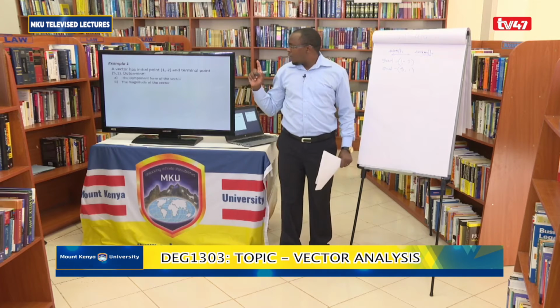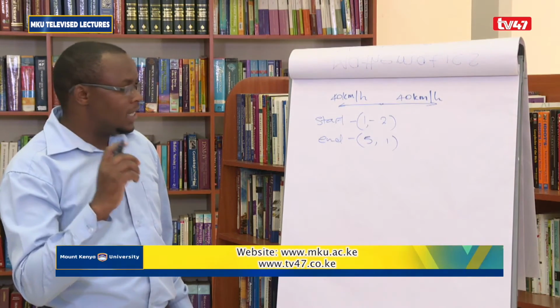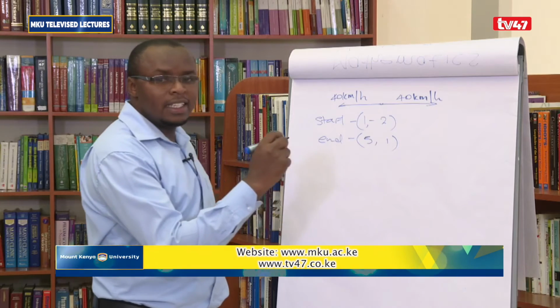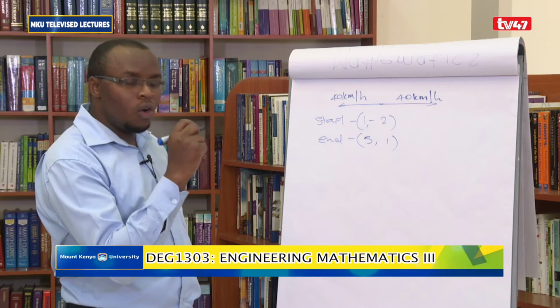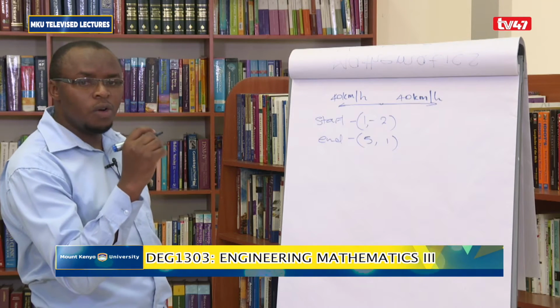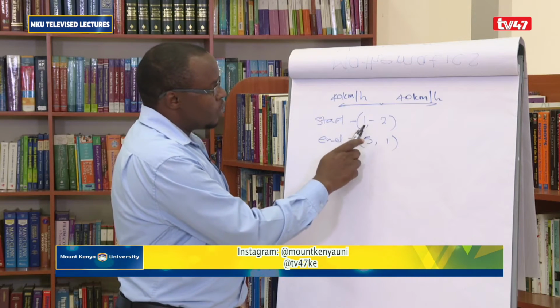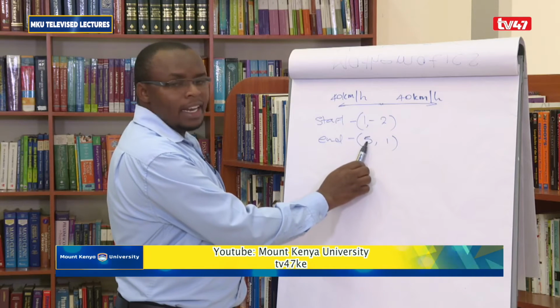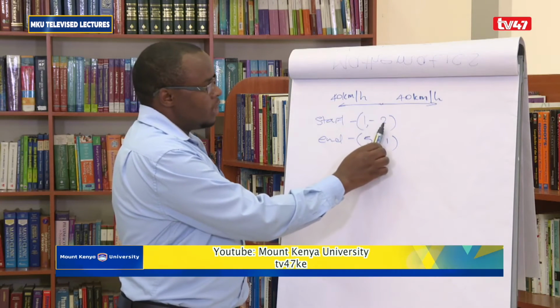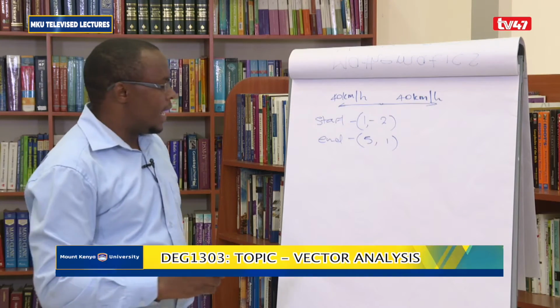What we want to get is the components of the vector, which, as I said, you show using angle brackets. You subtract the x or i coordinates, put a comma, and then get the difference of the j coordinates. The x coordinate is 1 for the start and 5 for the end. The j coordinate is negative 2 for the start and 1 for the end point.